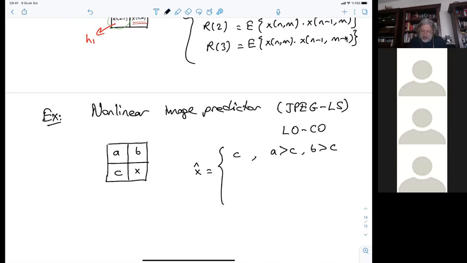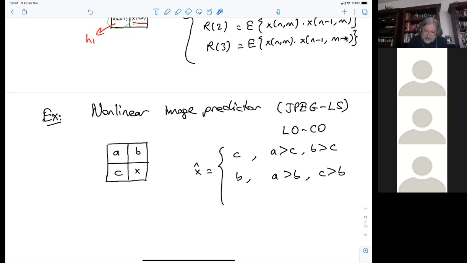It could be like this, or it could be equal to b if both a is greater than b and c is greater than b. Okay, then the valley is vertical in that case. Then x belongs to the lower valley of this line, where a and c are the heights of the valley.